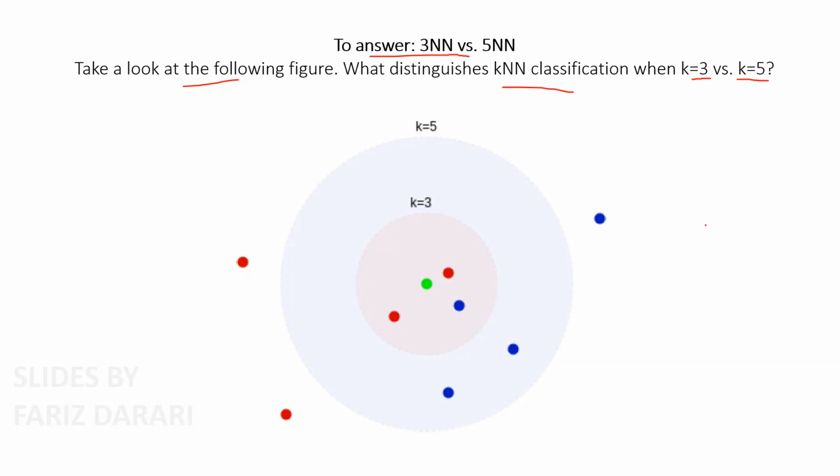And another remark from a student: I believe that if k is n, you pick the largest class. Exactly. And another insight: we can use the distance to determine which is closer to the data point. That's also true.